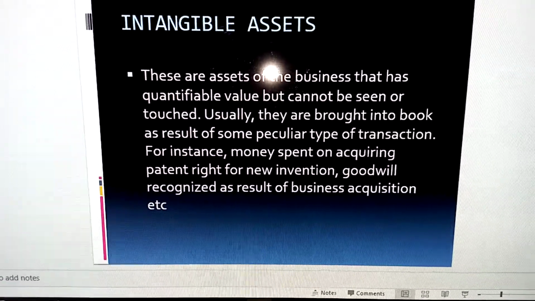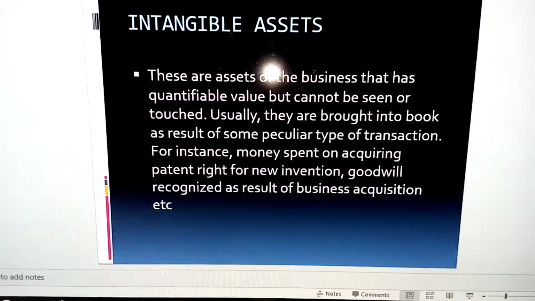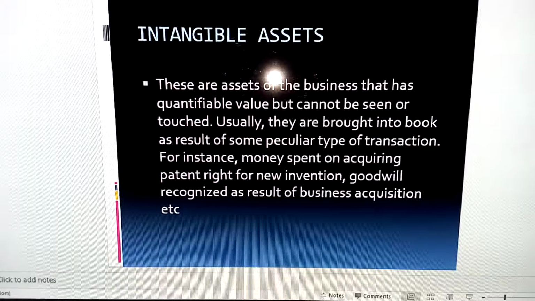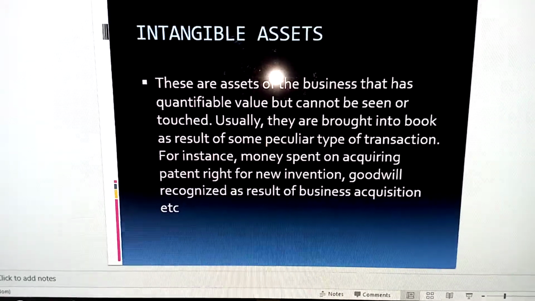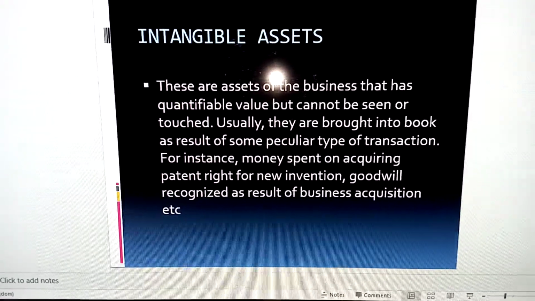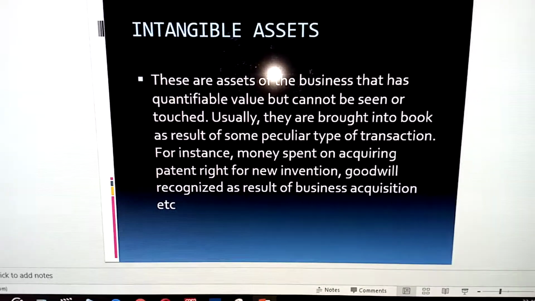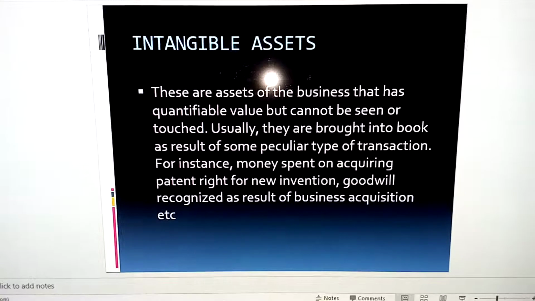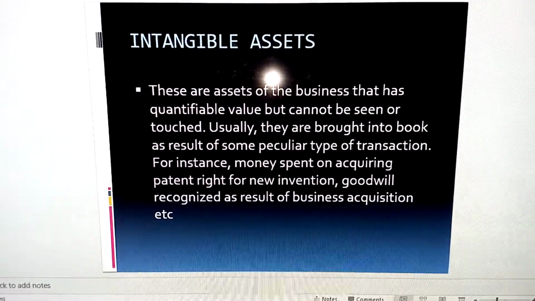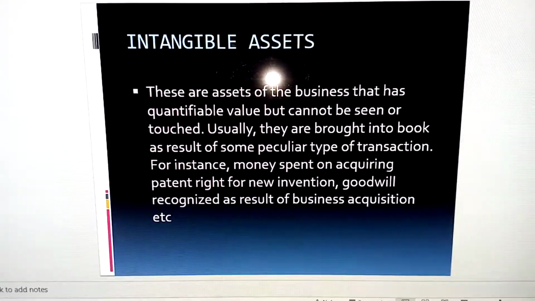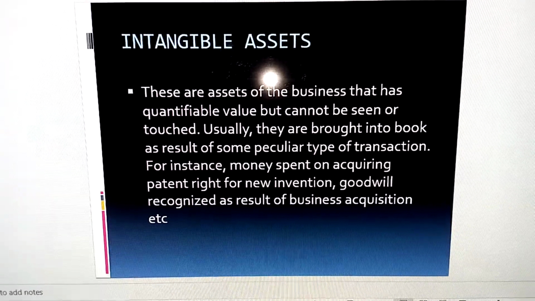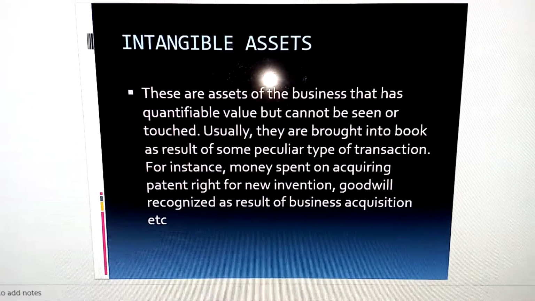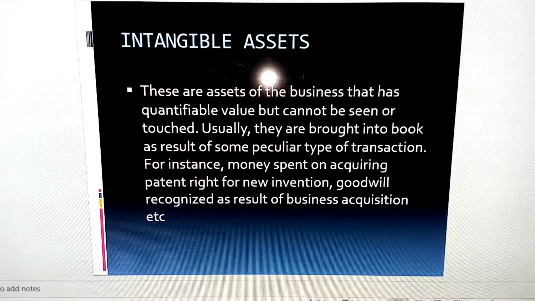If such a cost is significant, such that it cannot be written off at once, it is gradually written off over a long period of time. As a result, it becomes an asset in the books, but it is an intangible asset.